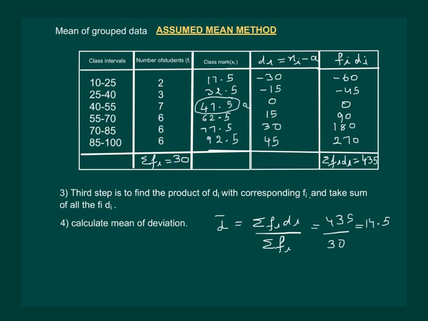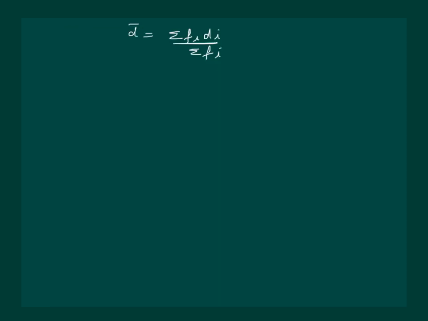But we are required to find x bar. So let us see what is the relation between x bar and d bar. For that, let us start with the main expression d bar equal to summation fi di by summation fi. What was di? di was xi minus a. So let us substitute the value: fi into xi minus a whole by summation fi.